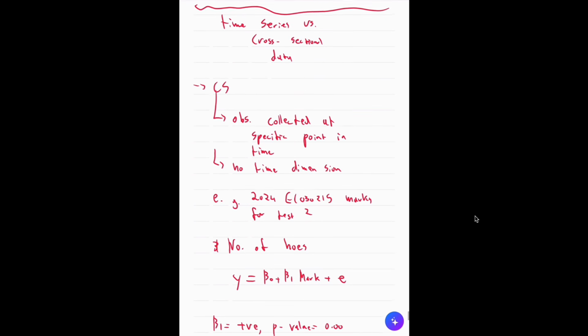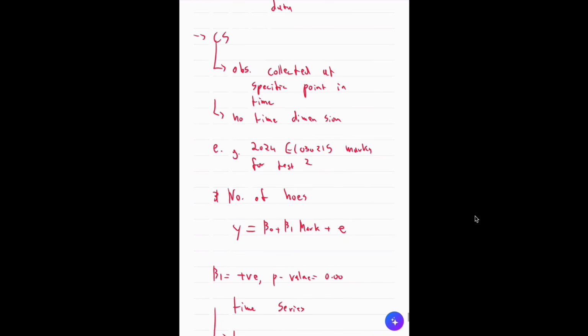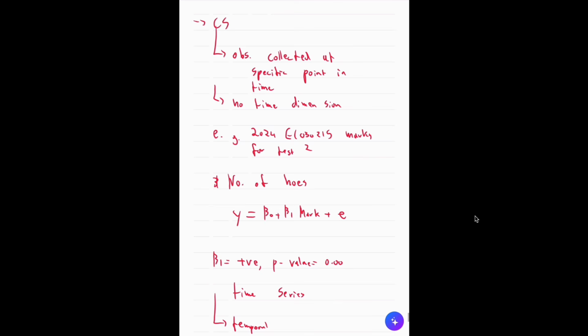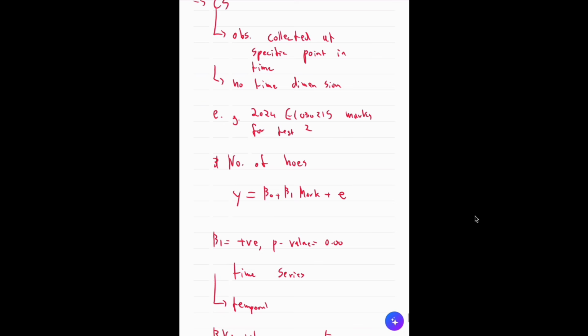And then when we think of time series versus cross-sectional data, cross-sectional data is just observations collected at a specific point in time, across different entities. So if we collected the 2024 ECO 3021 S marks for test 2, it would be collected at a specific point in time across multiple entities, being multiple students, but there's no time dimension for that, right?